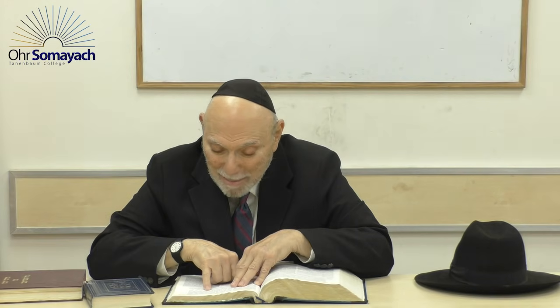But then, Vayivorech Osam, and he blessed them, each one, Asher Kibirchaso, according to his blessing, beirach, he blessed, it should say him, in the singular. Each according to his blessing, he blessed him. But it says osam, them.